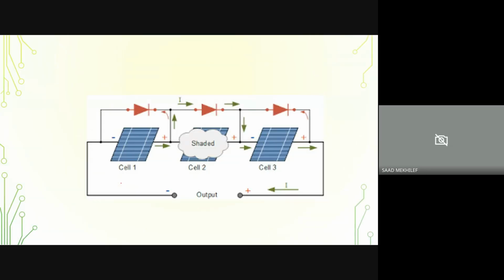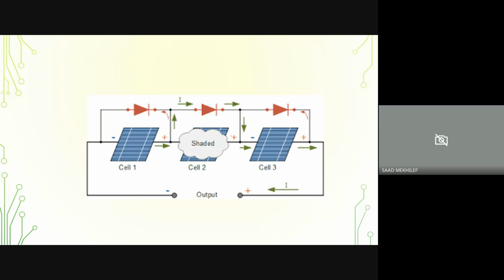But this is what actually happens. When we have series connected cells in a single module and one is shaded, the normal cells act as generators, but the shaded one becomes a load. So the voltage across this cell will be higher than the diode's, and the diode will be activated, and the current will continue.